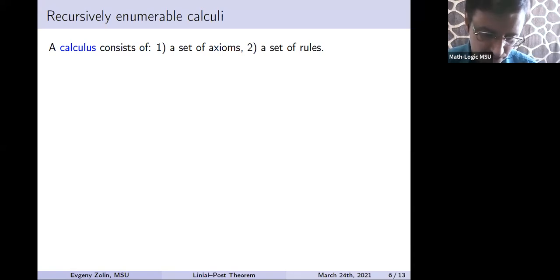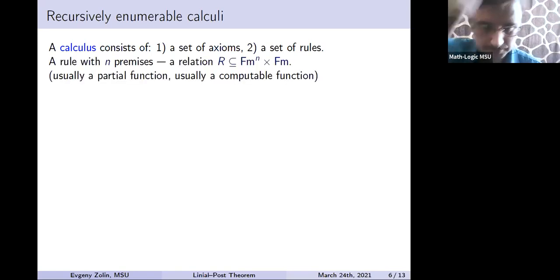But we can consider, of course, any other connectives. And by a calculus, we mean a pair that consists of two things: a set of axioms, which is just a set of formulas, and a set of rules. What is a rule?